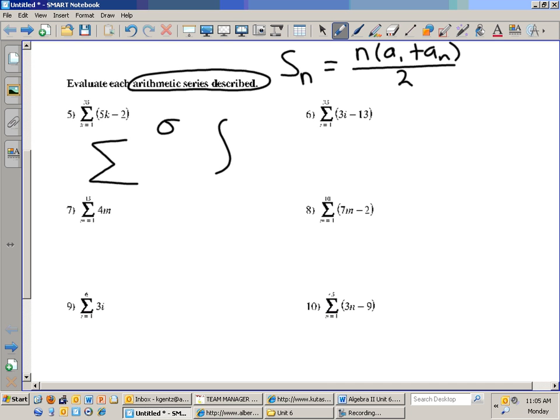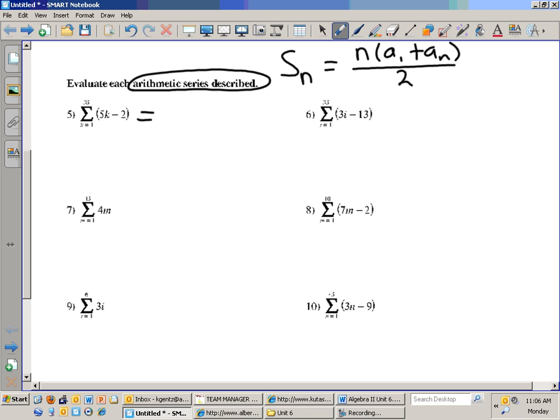Okay, so those are all sigmas, and it means sum. So this actually means the sum of all the terms generated by 5k minus 2, starting with k equals 1, all the way up to k equals 35. So we'll just write this in shorthand right now. Does anybody know what the first term of that series would be?